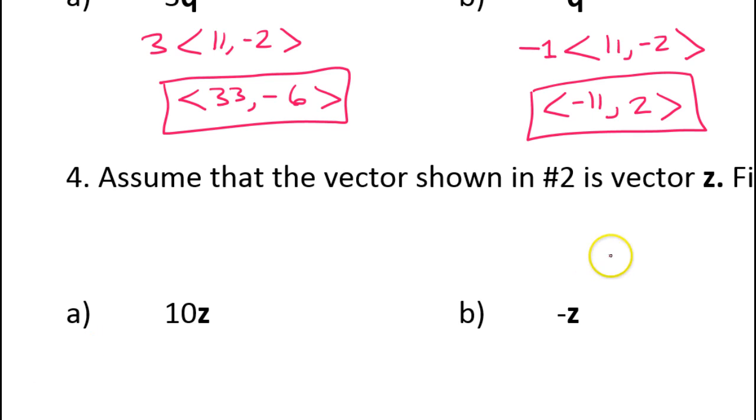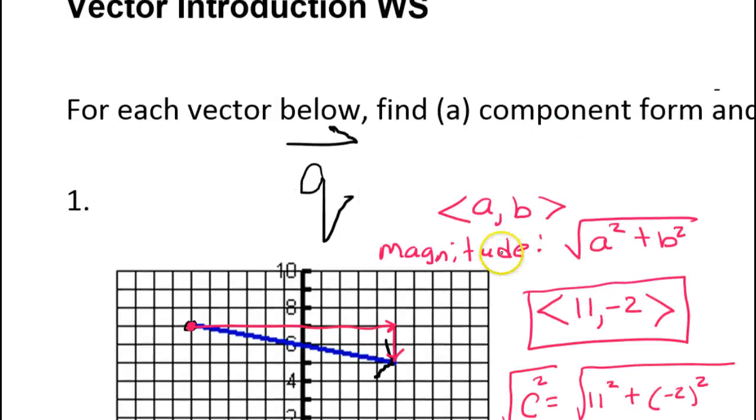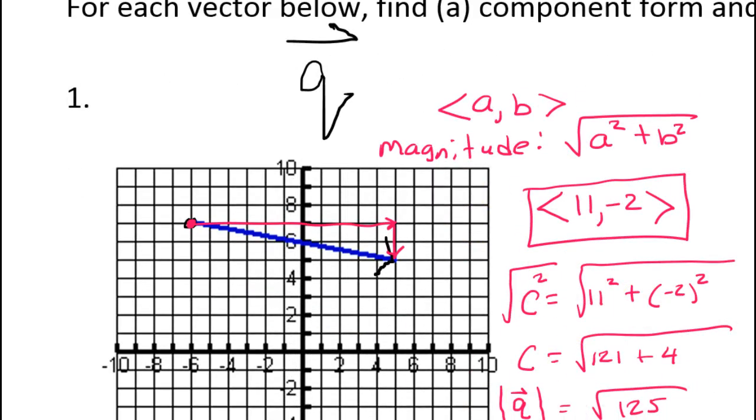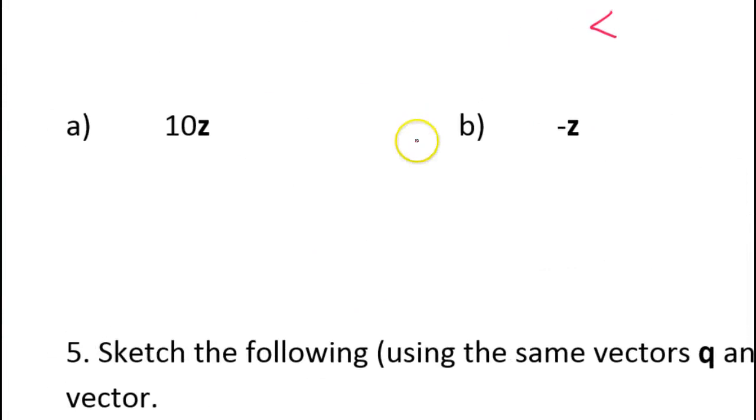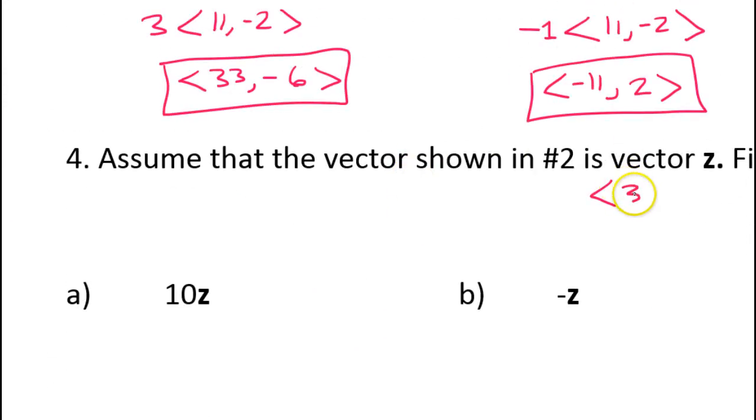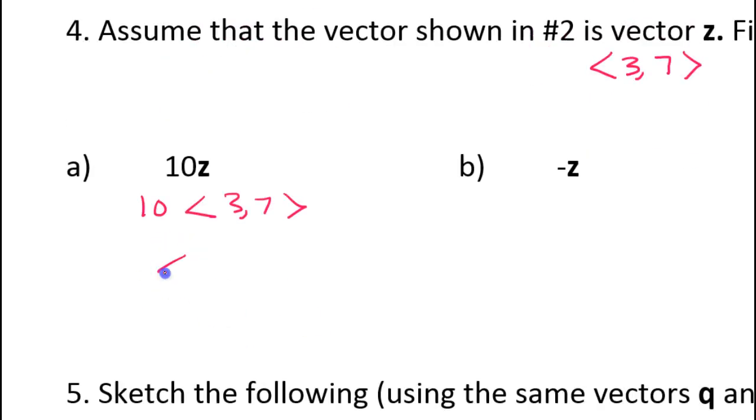Number 4 looks like more of the same. Vector z is the vector that we did in problem number 2, and it was 3 comma 7. So we're using the vector 3 comma 7. So 10z is 10 times 3 comma 7. That'll just be 30 comma 70.